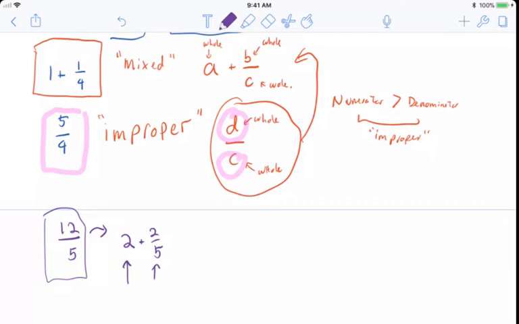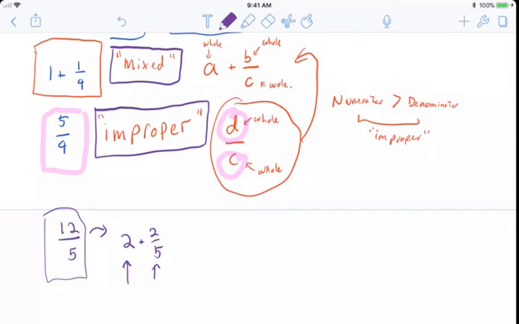And we can represent fractions in these two ways. And so we have these two words. I'm going to use these words to describe rationals. The textbook doesn't, but I needed a way to distinguish between the different rationals we're talking about. So I'm going to inherit this nomenclature to talk about rationals. So I'm going to call some rationals improper and some mixed. Okay?